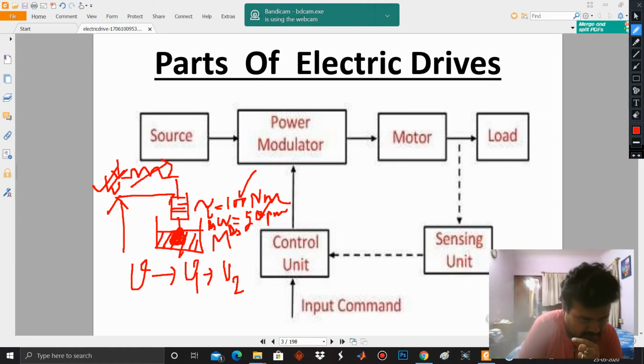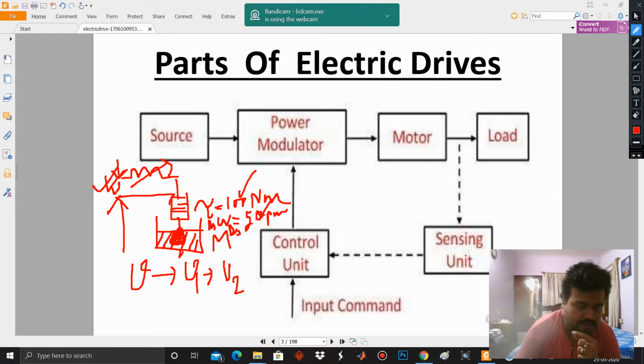No, never. Since this voltage is deviating from the rated value or the desired value, your torque and speed should always deviate from the desired value.